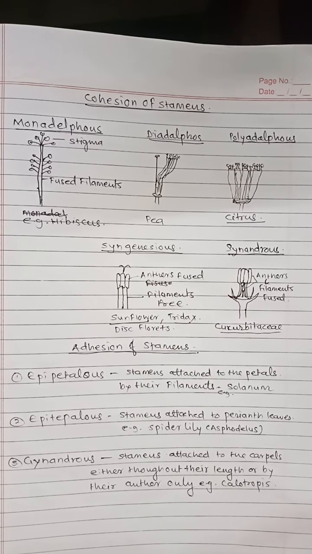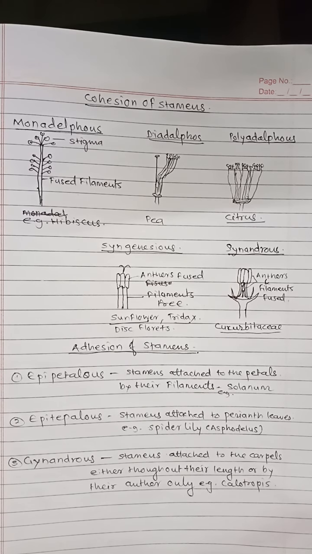Such condition is called synandrous condition, and it is found in members of the family Cucurbitaceae. Means in pumpkin, karela, such type of synandrous condition is present.